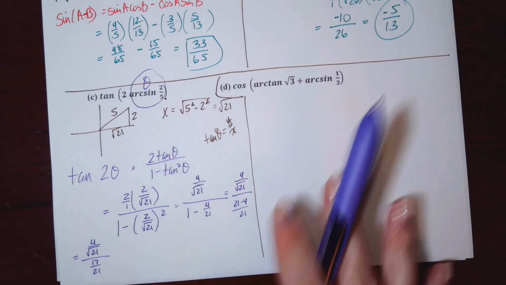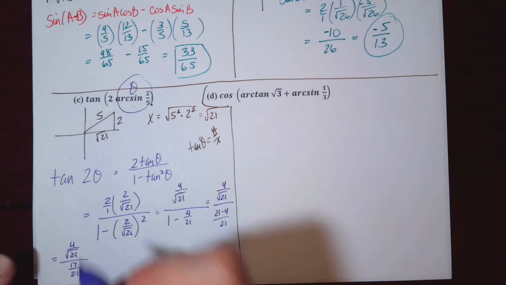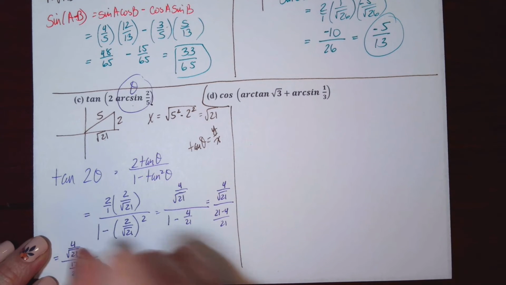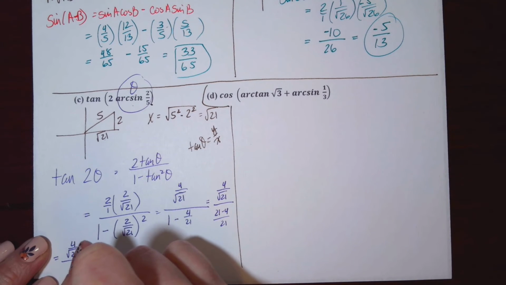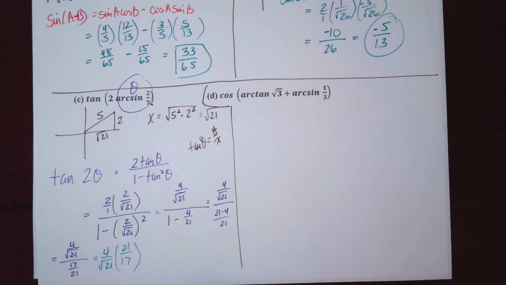Now I've got this big division problem. I've got a fraction over a fraction. When I'm dividing with fractions, I multiply by the reciprocal. Let's change colors so we can keep track. So I'm going to multiply by the reciprocal of the denominator, 21 over 17.